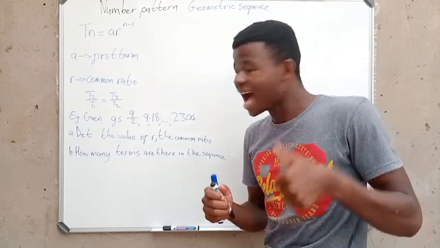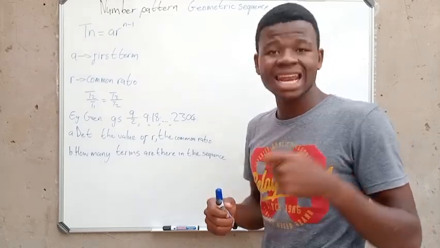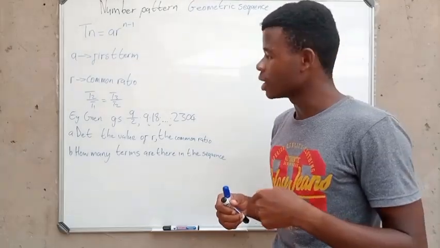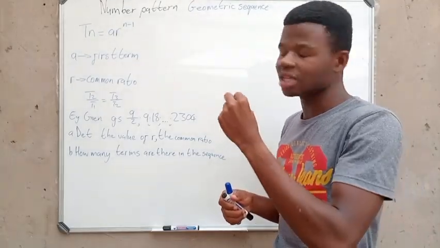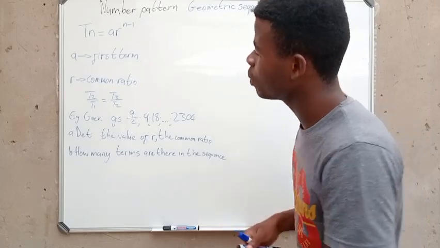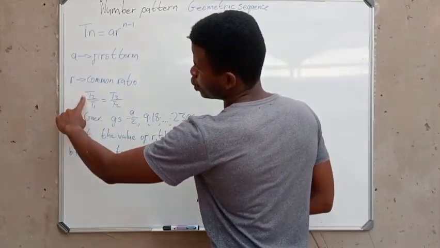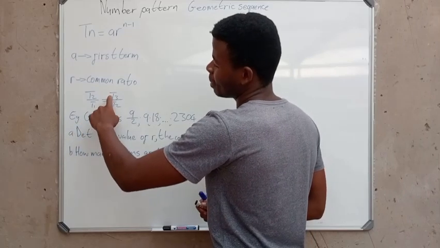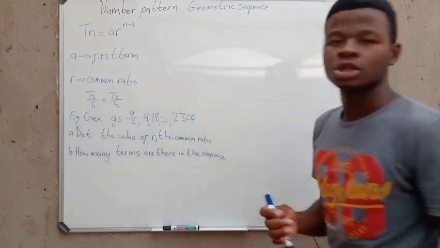Now this R has its own formula. The formula for the common ratio is term number 2 over term number 1, which is equal to term number 3 over term number 2.